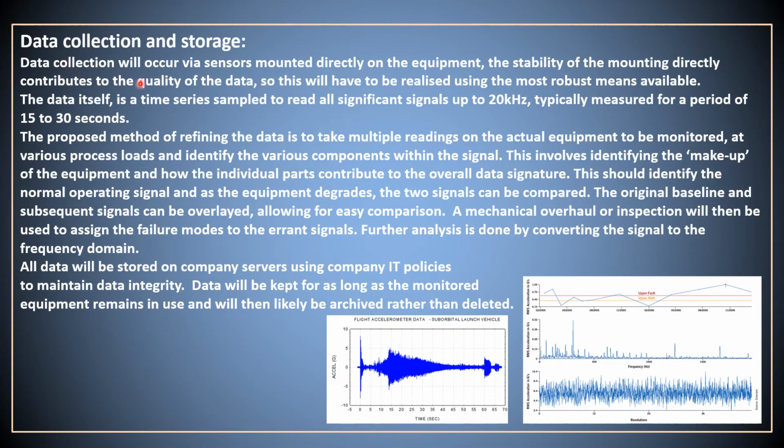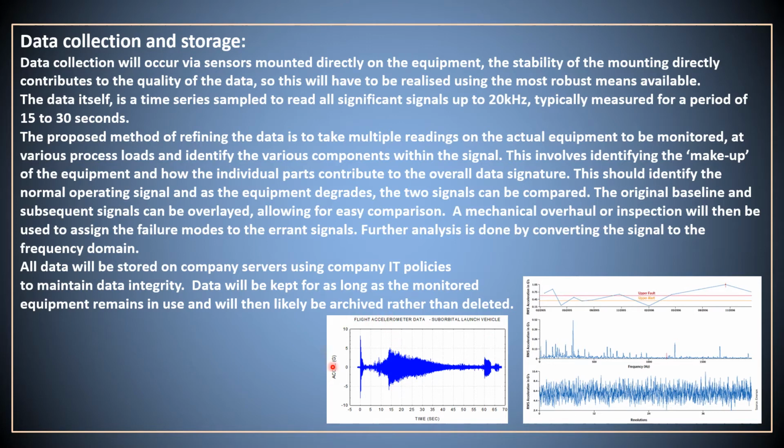Now, data collection is really done by accelerometers that are mounted straight on the equipment, and this gives us a time series sample, generally with a bandwidth of up to 20 kilohertz, measured for a period of 15 to 30 seconds. An example right here.